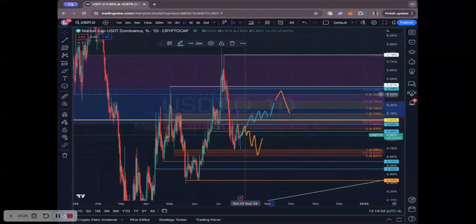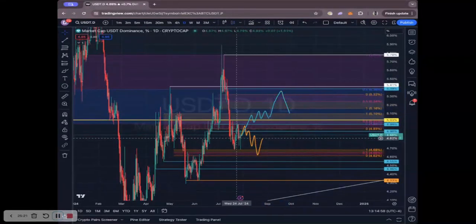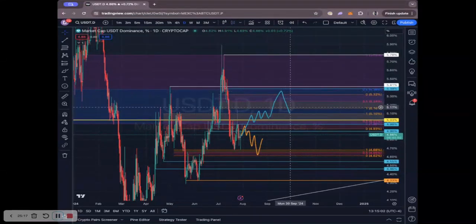5.37. So what I would like to see is blue play out a little bit more over the next week or so, where we continue to range slightly higher, but then do a deep reject, basically a crypto pump, down to below 5% again.